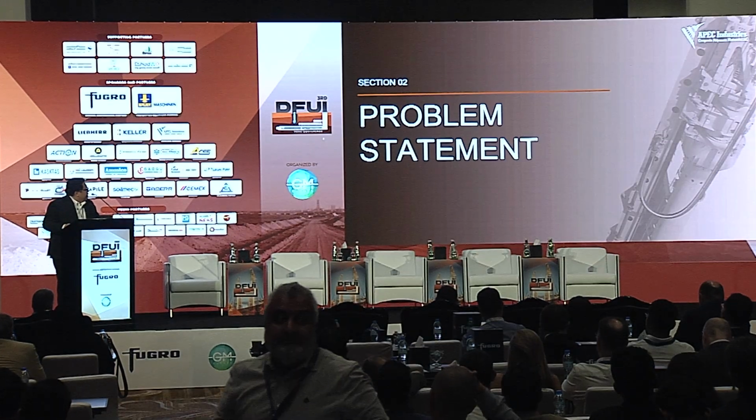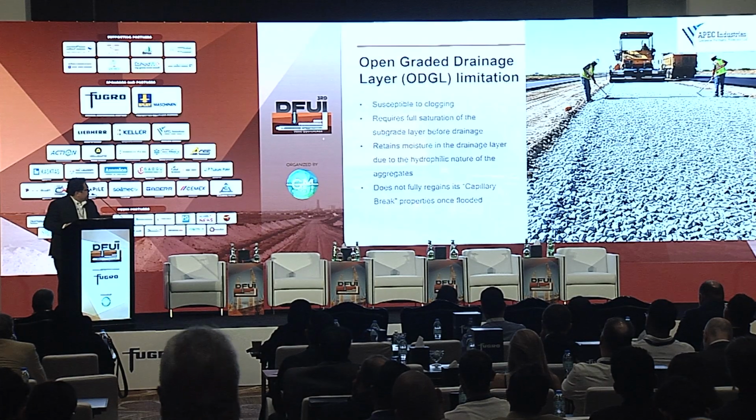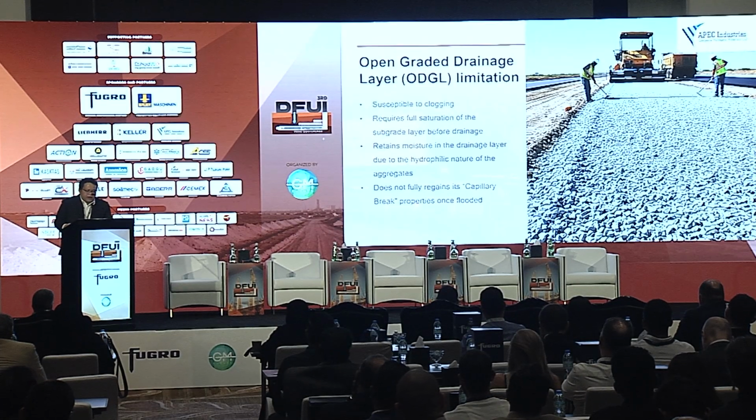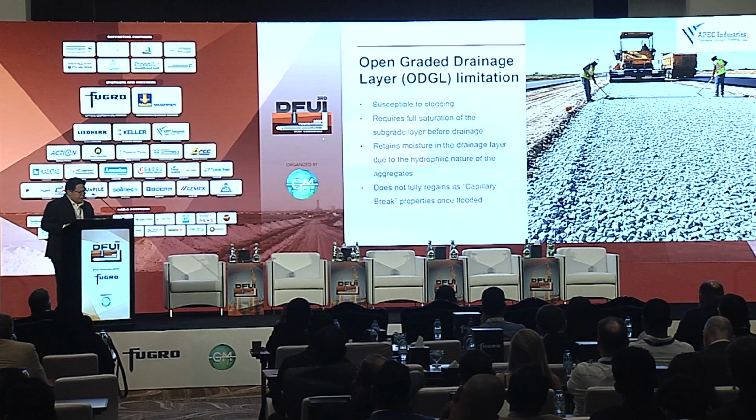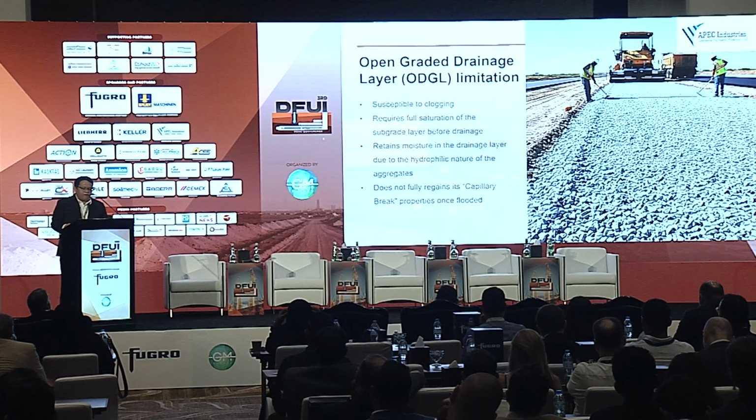So one major limitation is that these open-graded drainage layers generally function effectively only when sufficient saturation has occurred. So unfortunately, by this time, moisture may have already damaged the pavement structure.